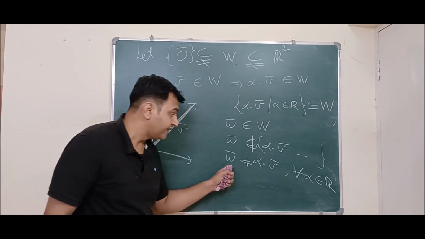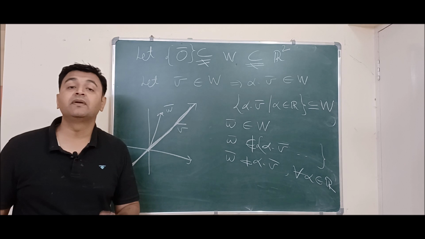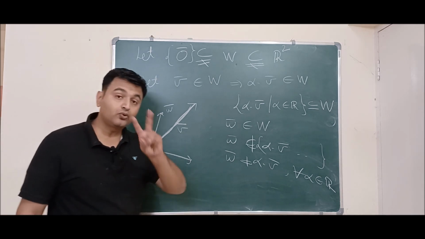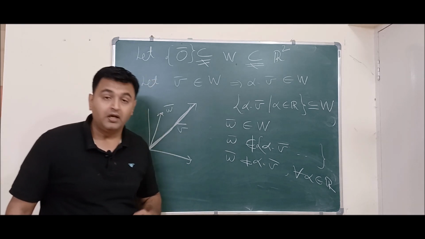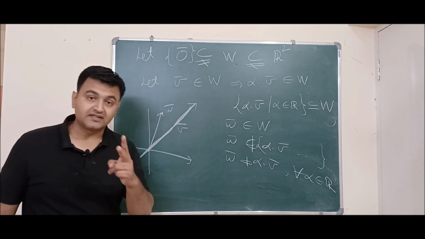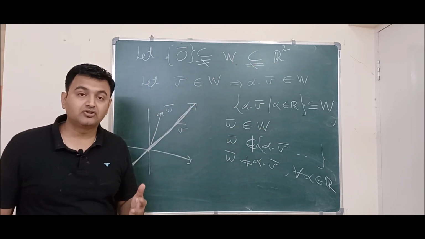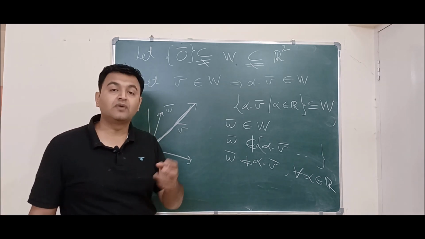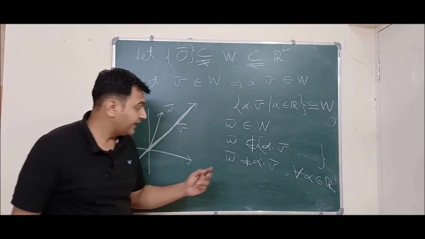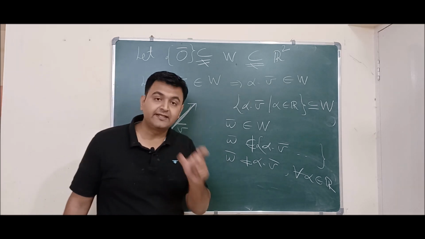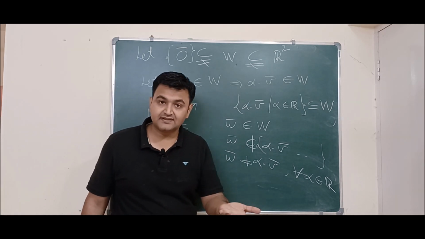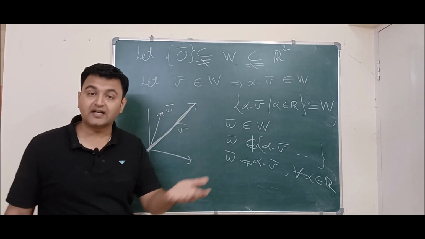That means w bar and v bar are linearly independent vectors. That means you have two linearly independent vectors in R2. But any two linearly independent vectors in R2 span the whole of R2, because the dimension of R2 is 2. That means a basis of R2 has only two elements, and in R2, if you have two linearly independent vectors, then they form a basis. That means they span the whole of R2.